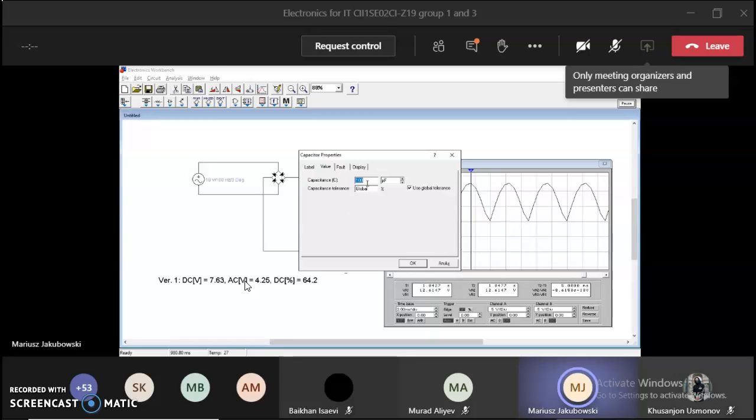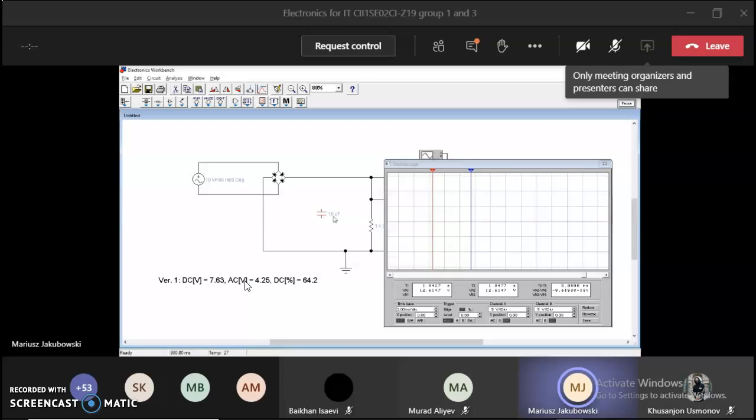Let's see first what will happen if I make this capacitance 10 microfarad. So now my time constant is 10 milliseconds, which is only twice as large as this time distance.